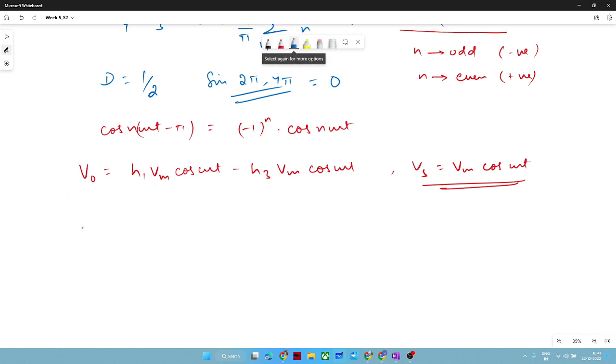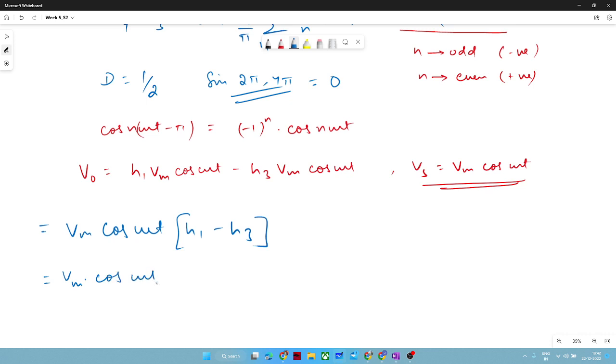Now I will write all the things. H1 Vm cos omega t is constant into H1 minus H3, and H1 is d plus 2 by pi, sum over n of 1 by n sine n pi d cos n omega t.